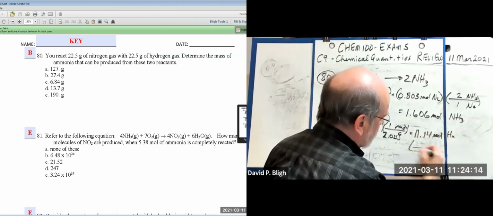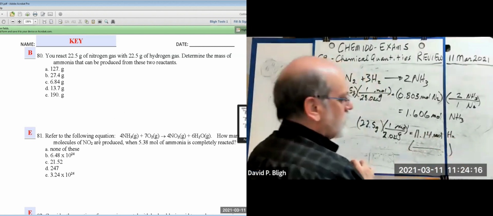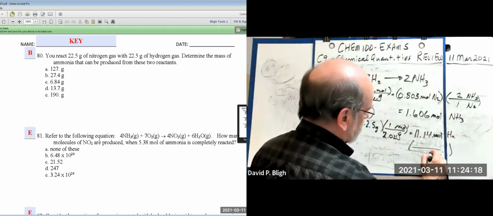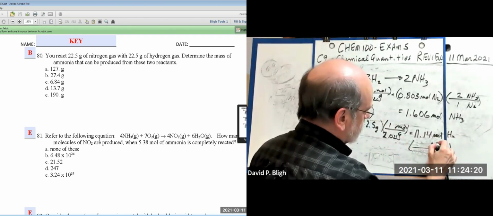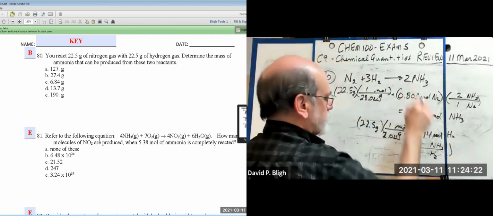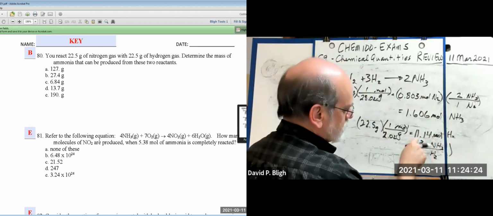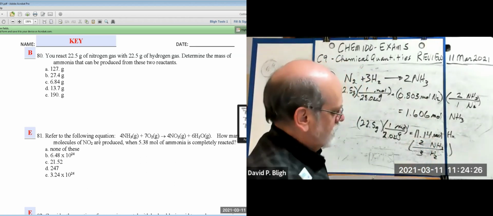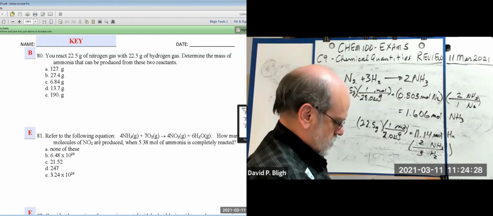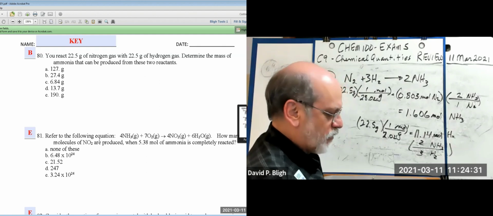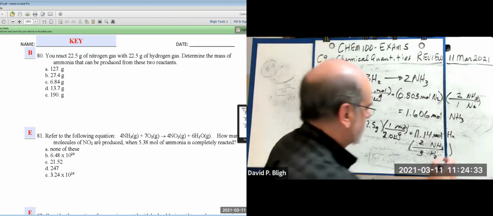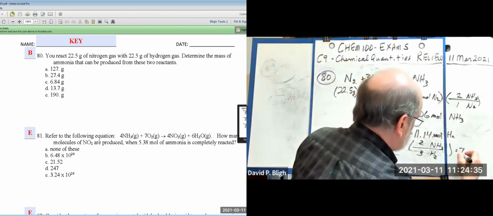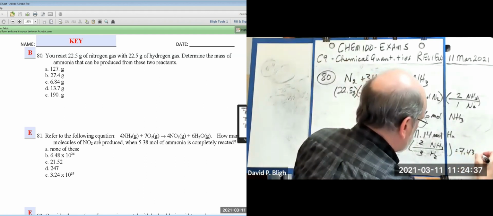And then we convert that to moles of ammonia. So hydrogen cancels, leaves us with ammonia, and we have 2 here and 3 here. So 2/3 of that value is 7.43. 7.43 moles.